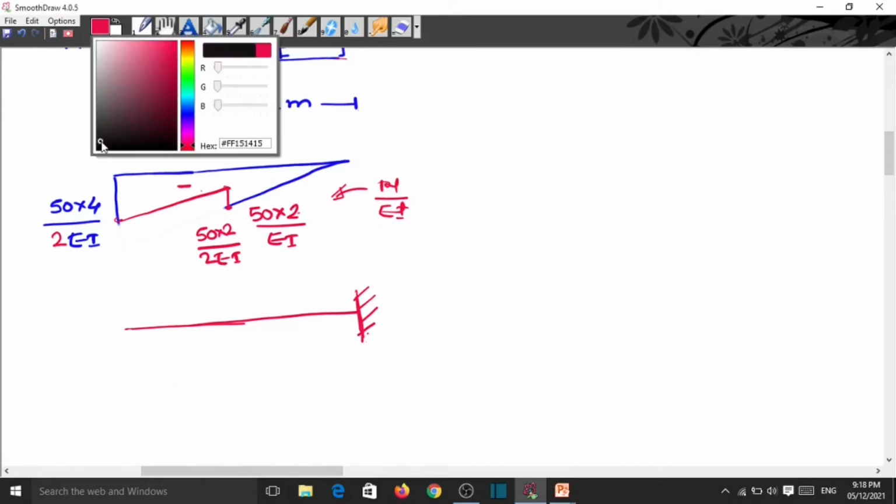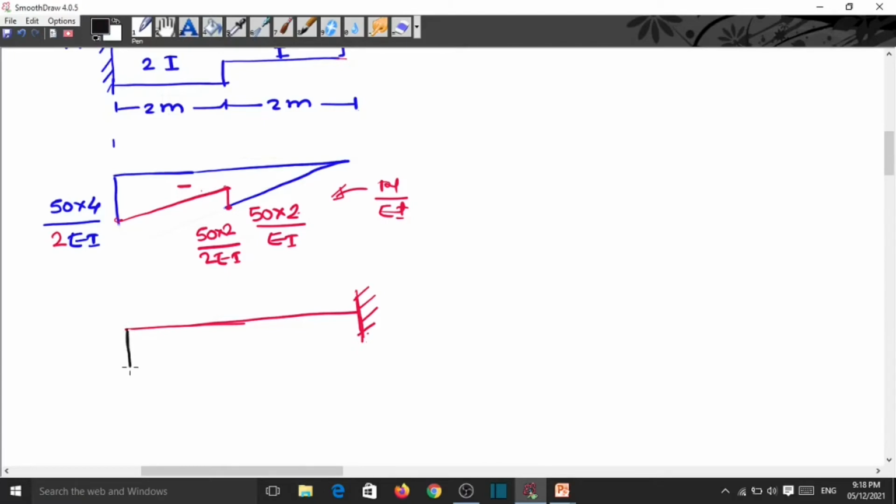So we make this in this way. So this is 100 by EI, then 50 into 2 gets cancelled out, so 50 by EI, and this is 50 into 4, that is 200 divided by 2, so this again is 100 by EI.